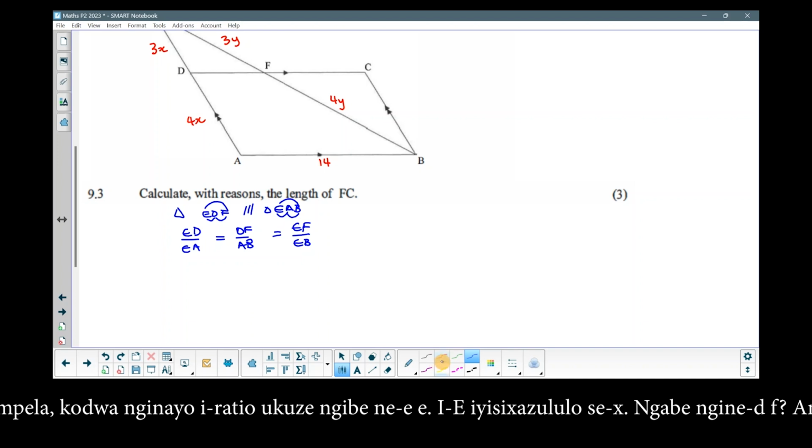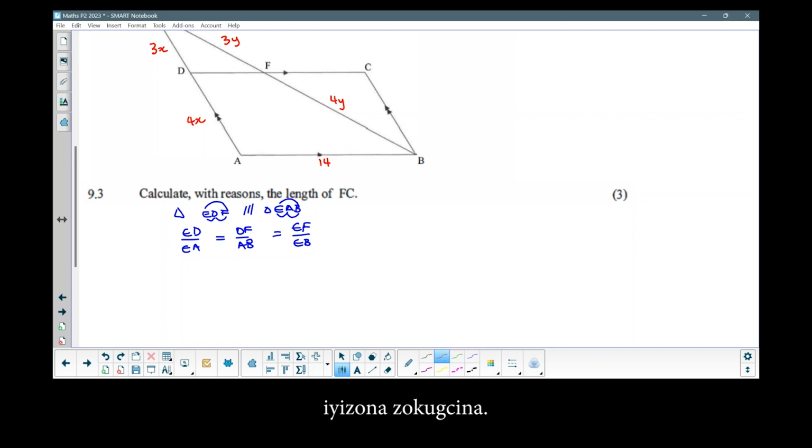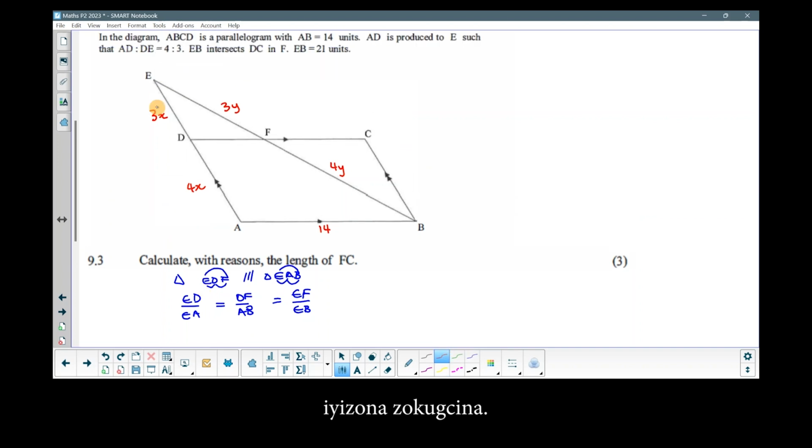All right, let's see what I have. Do I have ED? I have ED. ED is 3x. I don't have to have actual lengths, but I have a ratio. Do I have EA? Absolutely. EA is 7x. Do I have DF? I don't have DF, but I want to find DF, remember? Because DF is going to help me find FC. Do I have AB? Absolutely.